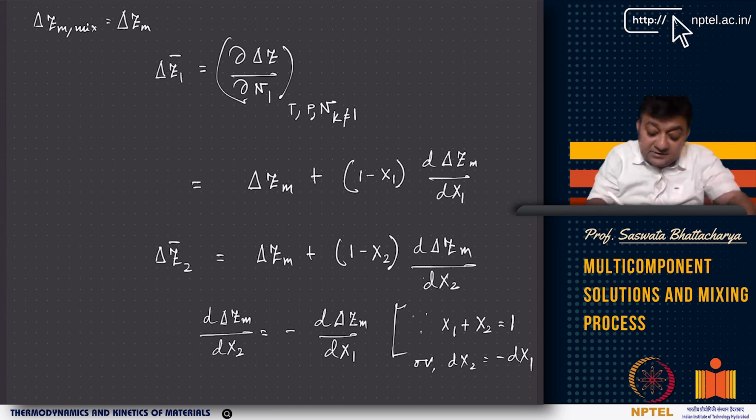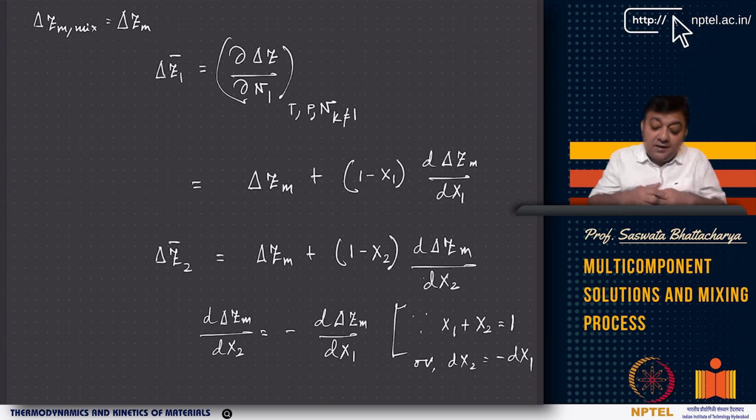So delta Z1 bar can be written as delta Zm plus (1 minus x1) d delta Zm dx1. How does it work? Please refer to last week's class and you can easily find it.